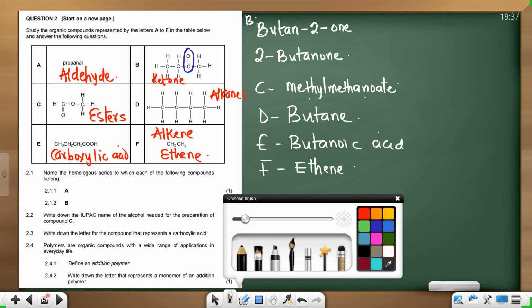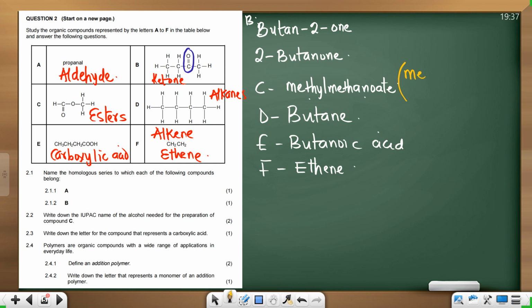What alcohol do we need? It's just methanol because there's only one carbon atom there. We're revising, so we just go through. Methanoic acid. All right. But what we need basically is methanol. I hope everybody's okay there. It's methanol.